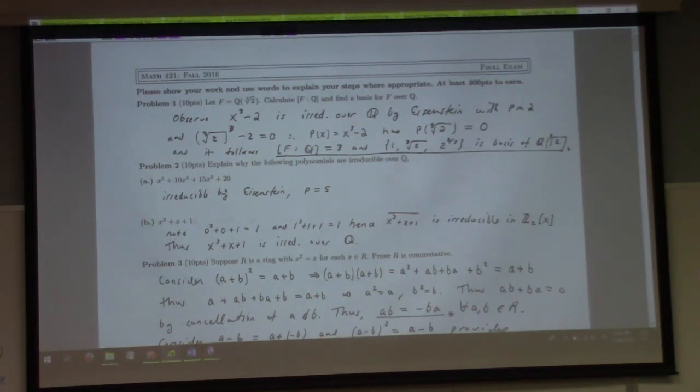If you test for zeros and find there's no zeros over the reduction field, that tells you there's no linear factor, right? But the quartic could still split into a pair of irreducible quadratics. So then you've got to go looking to find, are there any irreducible quadratic factors? Now, if you're working mod 2, that's not too bad. There's only one irreducible quadratic mod 2.